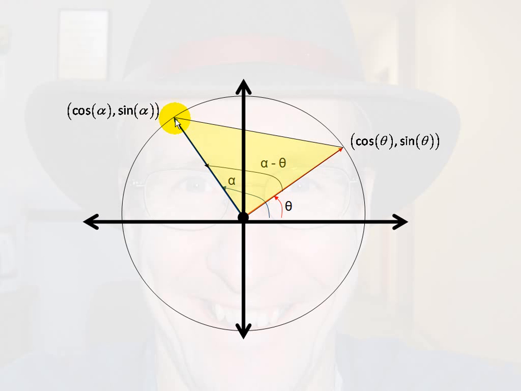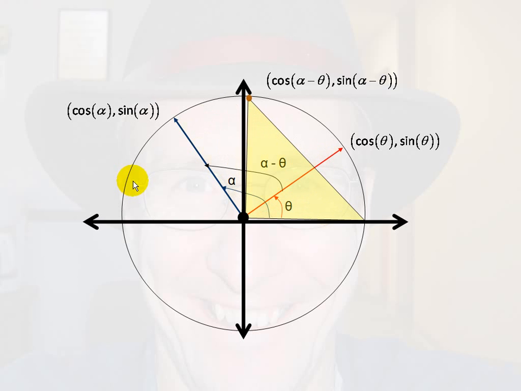Because what I want to do is rotate the red segment, this whole triangle actually, theta units, or theta degrees, theta radians, whatever unit we're in, I want to rotate this triangle that many units in the clockwise direction. And let's see what happens.